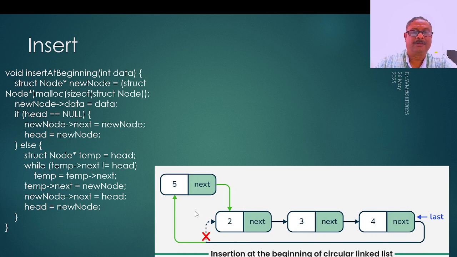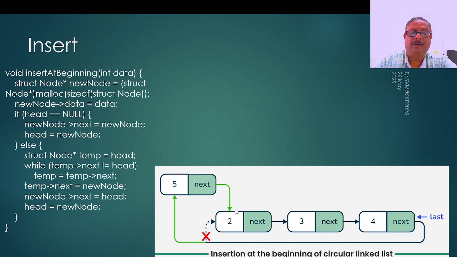We can insert in the beginning as we have done. The last node was pointing to this particular node. Instead of this, we insert a new node with a value of 5, and next of that will point to the node of value 2, and the next of the last node will go back to this new node.